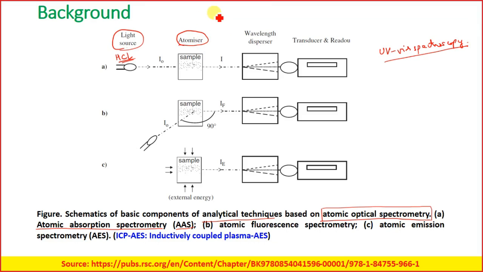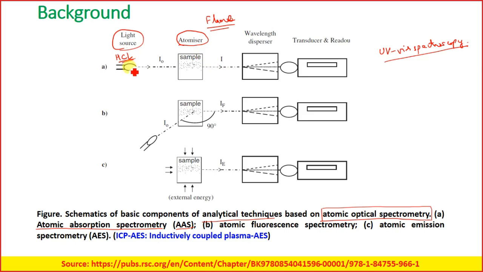In general, we do that by oxidizing the metals within a flame. So we have this flame atomizer, an atomizer which uses a flame. Over here the sample is burning or being atomized within the flame.